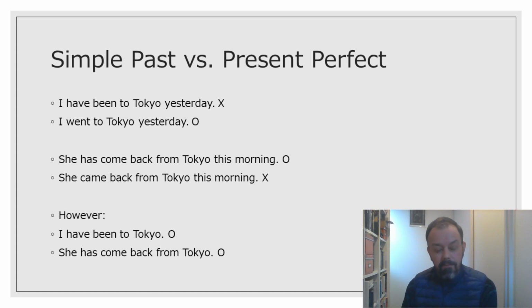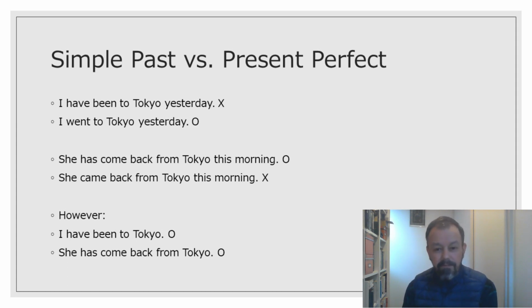All right, so now let's look at some of the most common mistakes. When I was thinking about what to talk about in this video, I looked back on all the assignments I correct on Fruitful English every week, and I thought, what is the most common tense mistake that I have noticed?